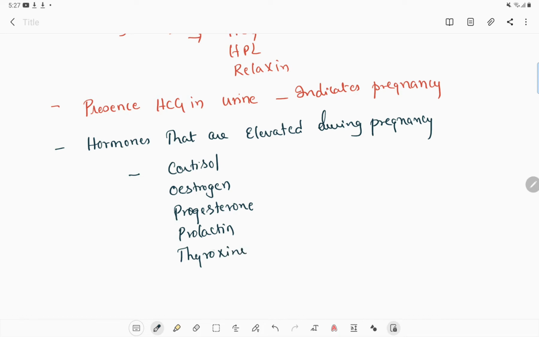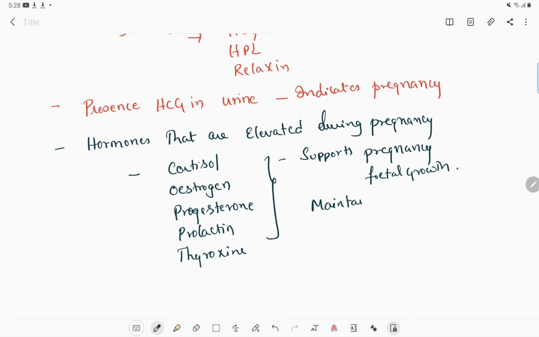So these hormones are increasing during pregnancy. Why are these hormones increasing during pregnancy? These hormones support pregnancy, support fetal growth, and also maintain the pregnancy.